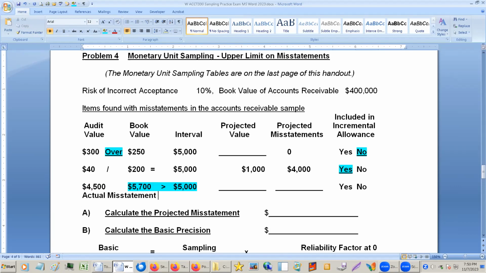The actual misstatement is 5,700 minus, oops, is that 1,200? So the actual overstatement here is 1,200.